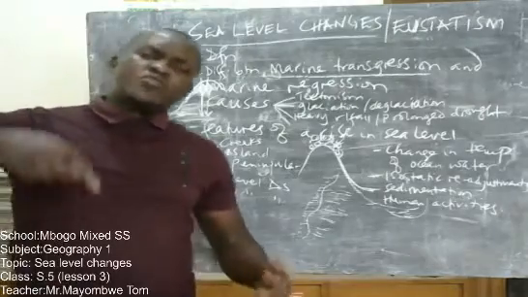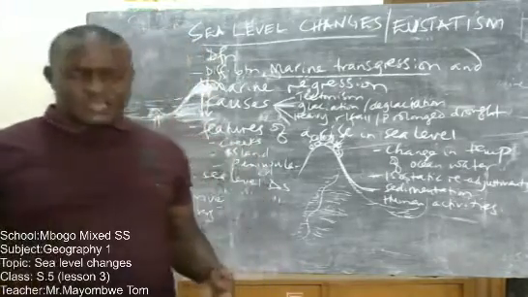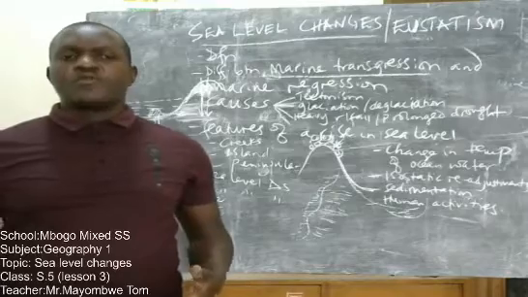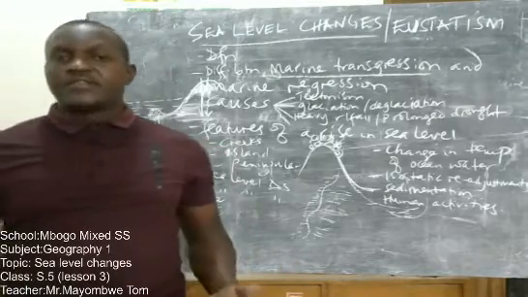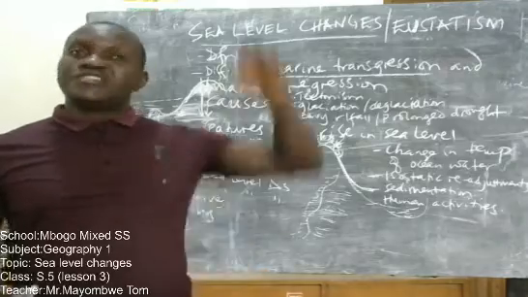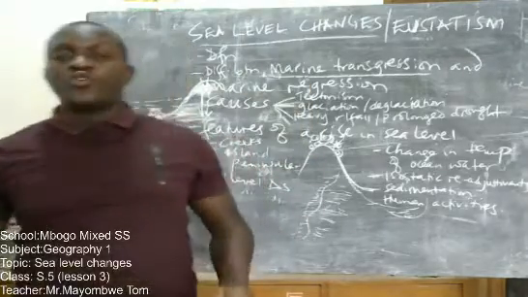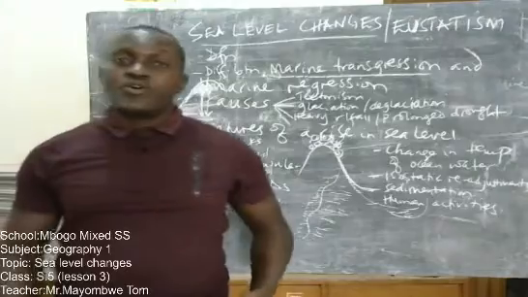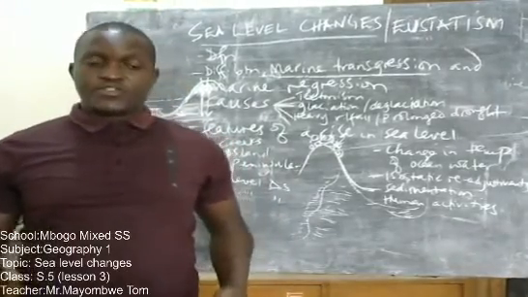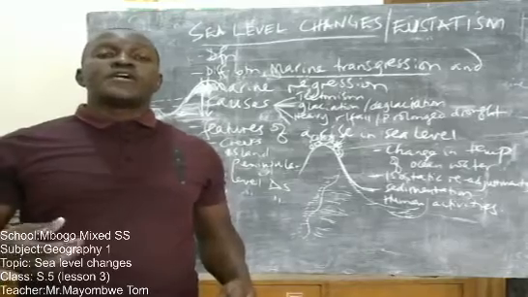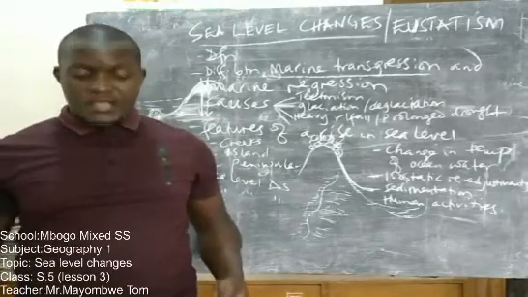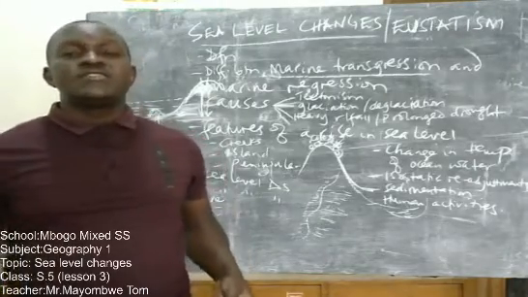So when there is an increase in the temperature of the ocean water, we must know what may cause an increase in the temperature of the ocean water. This may be due to increased heating from the sun or due to volcanic activities below the ocean. So when there is an increase in the temperature of the ocean water, the water molecules expand, and this brings about a rise in the sea level.